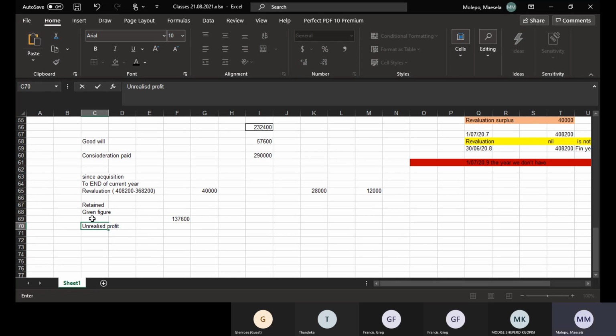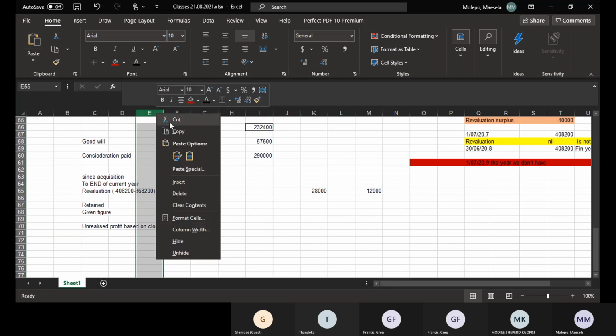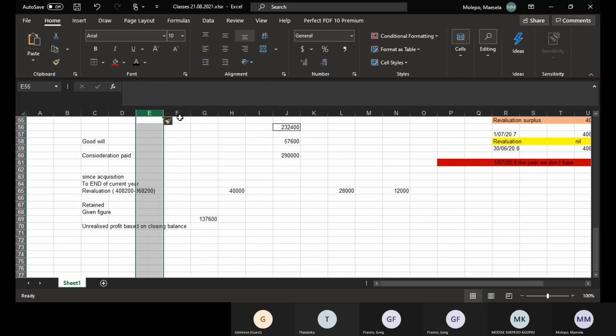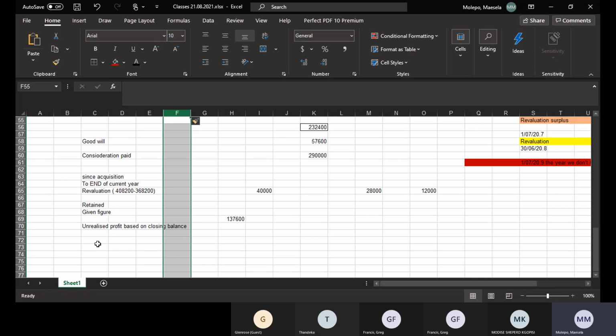Since the subsidiary was the one selling, the unrealized profit is based on the closing balance.